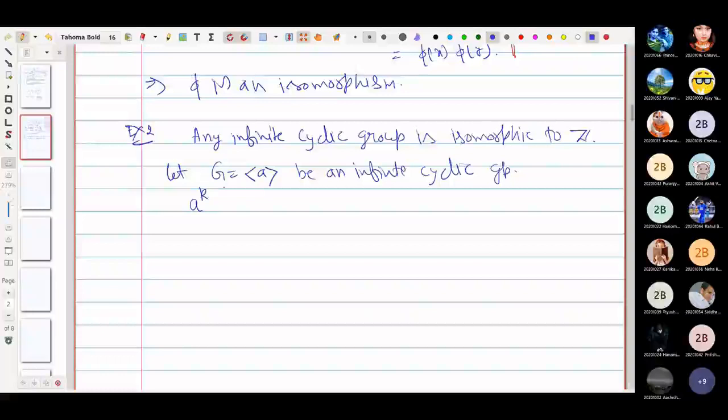Because G is generated by a. If G is under multiplication, then we can write like this. If G is under addition, then we write like this.